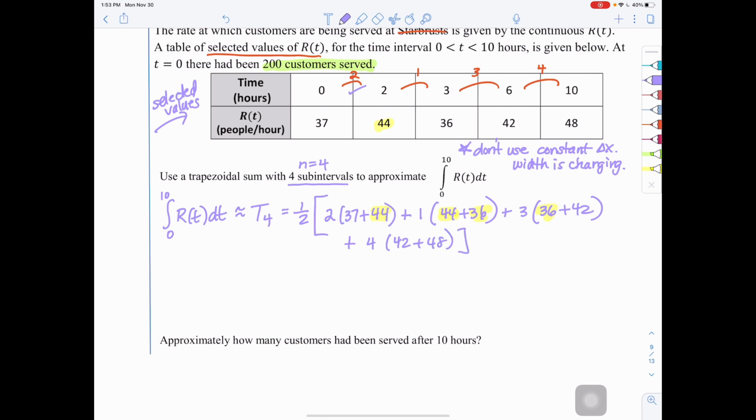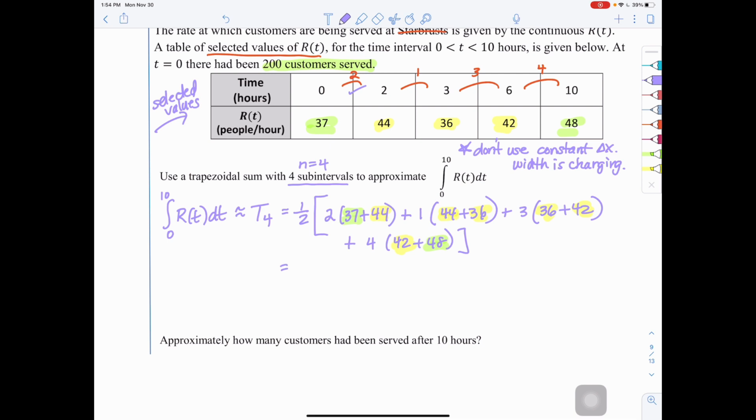So here's 42 doubled up, but we never doubled up 37 and 48. We never doubled up on those, but we doubled the others because we had to use those sides again for the next trapezoid. Okay? Let's go ahead and add this up.